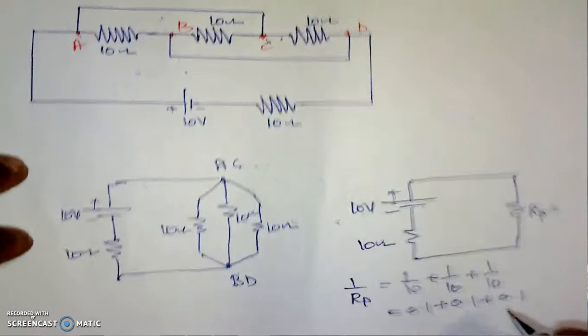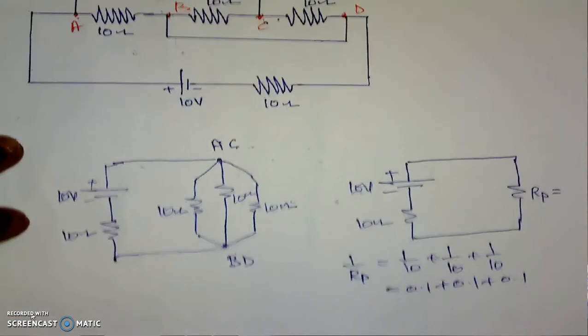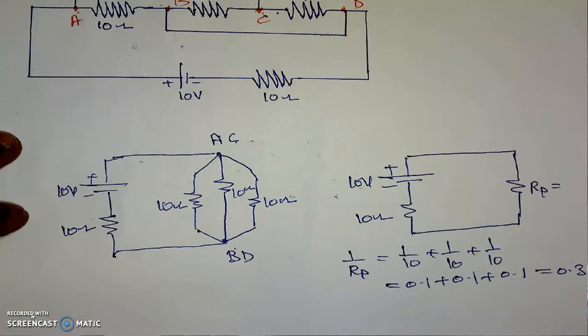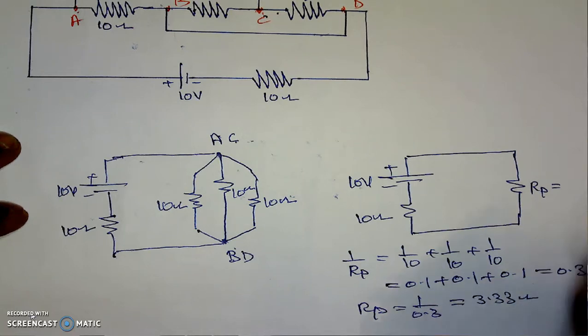Means here the total value is coming to be 0.3. Now if I am taking its reciprocal, RP is equal to 1 upon 0.3, which is nothing but 3.33. This value is 3.33 ohm, that is the parallel combination.